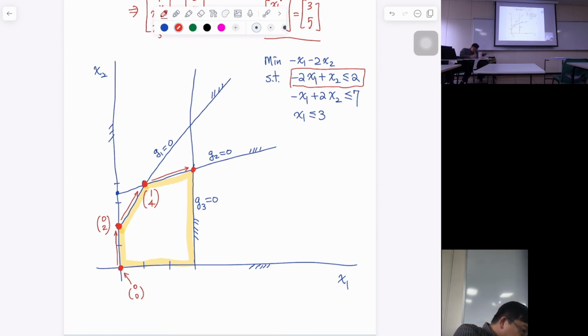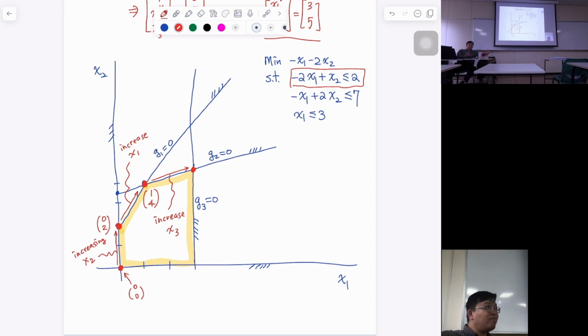So this is increasing x2. This was the time when we increased x1. And this was the time when we increased x3. And when we are here, we can no longer increase any variable because we are at the tip already.